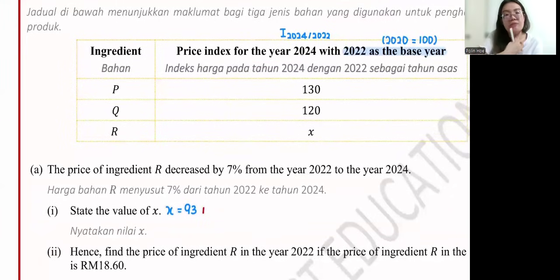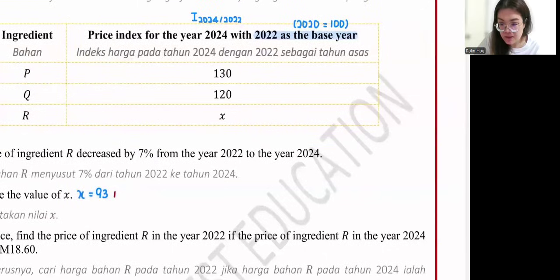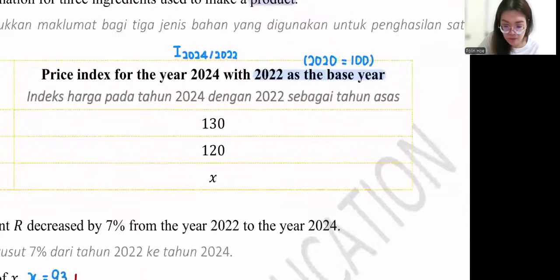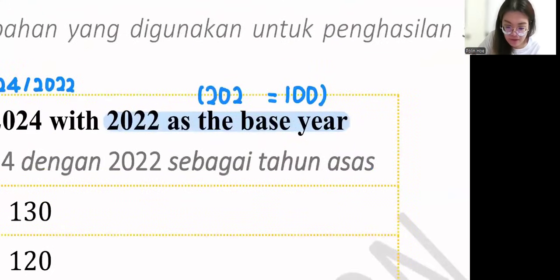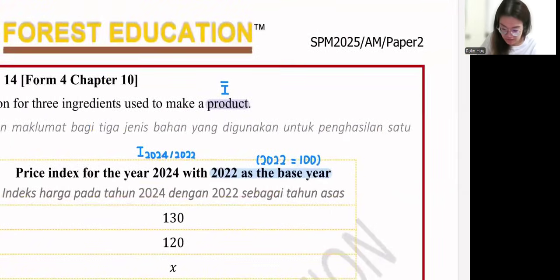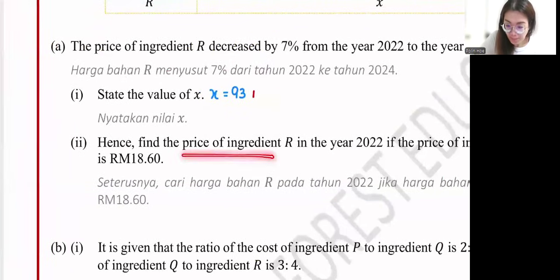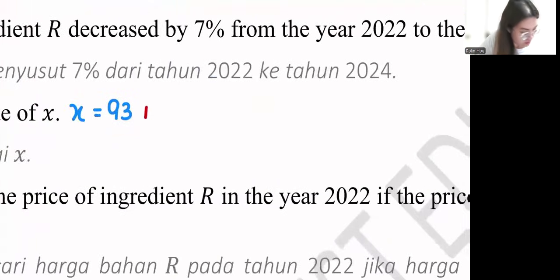Next one. Find the price of ingredient R in the year 2022, if the price of ingredient R in the year 2024 is 18 ringgit and 60 cents. My 亲爱的 everybody, how come no one tell me this one I write wrong? 它是2022来的. I write 2020. Help me to change this one. 因为可妮没有来，栗子没有来。2022哈。So 他要他的 price 多少钱？这个我们是这样写.